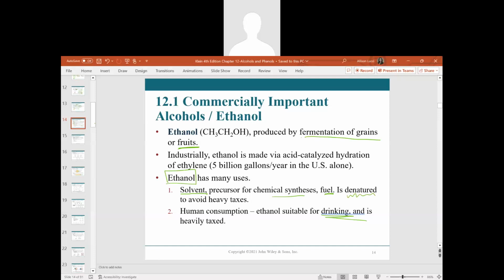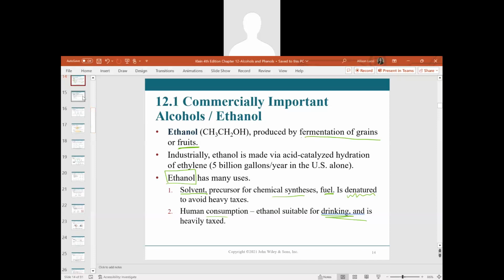So other things are added to this ethanol to make it non-consumable by humans, and that bypasses heavy taxing. So when it's made for industry to keep the costs down, to use it as a solvent, for example, they denature it, and that avoids anyone being tempted to drink it, because now it's poisonous, just like methanol.